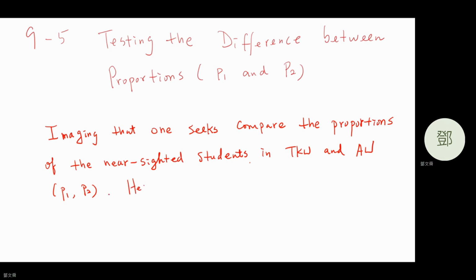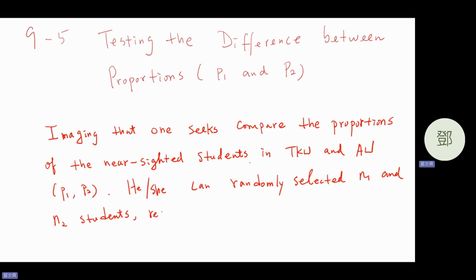He or she can respectively randomly select N1 and N2 students from TKU and AU.